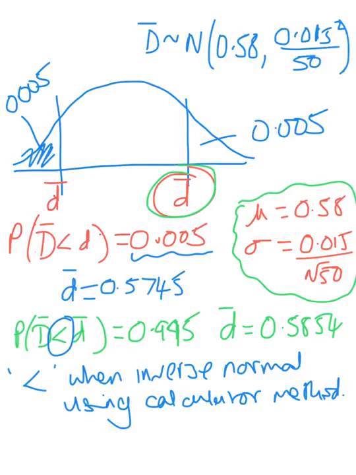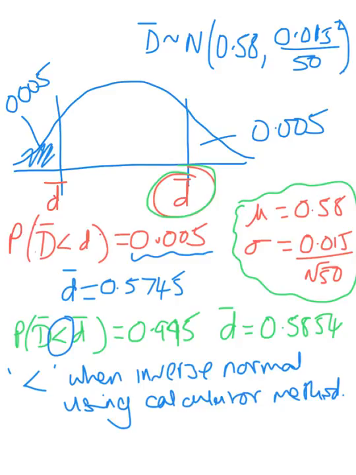You've just got to remember these little things which could throw you, which could mess up your whole answer. So remember, calculator is less than. You can use the coding formula, so you can work out your Z values, put those in, and remember, if using the percentage points table, the inequality is greater than. But to be honest, I think you're probably going to stick with using the calculator.